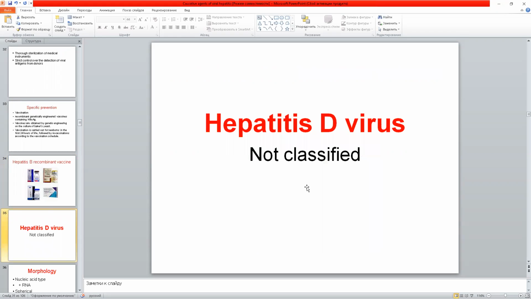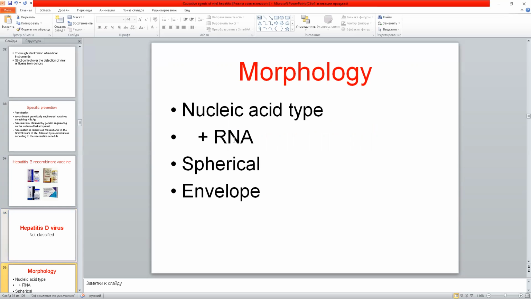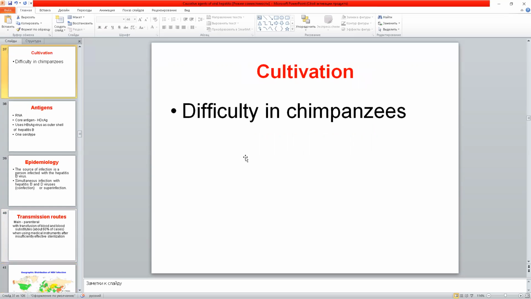So, hepatitis D virus. Hepatitis D virus is nowadays not classified by the old classification. It was named Delta virus. Now it is again not classified. Classification is revised every 10 years by virologists, by an international committee. So nowadays it's not classified. Morphology. Nucleic acid, positive RNA, spherical virus, envelope, and cultivation, again, is difficult, just in chimpanzee.